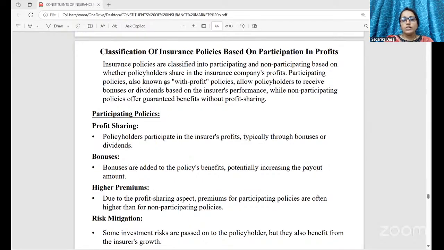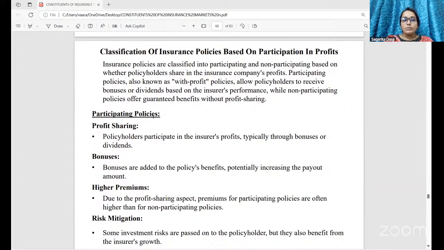Participating policies are known as with-profit policies because they are participating in the profits, and non-participating policies offer guaranteed benefits without profit sharing. Now let us see participating and non-participating policies.